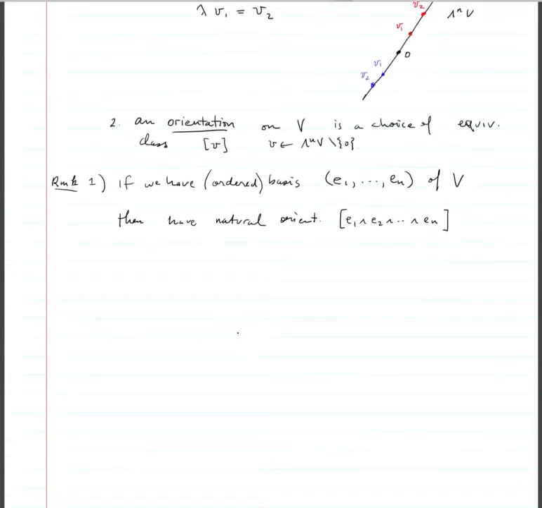So this is giving us a natural orientation. So this means that R^n has this natural orientation.